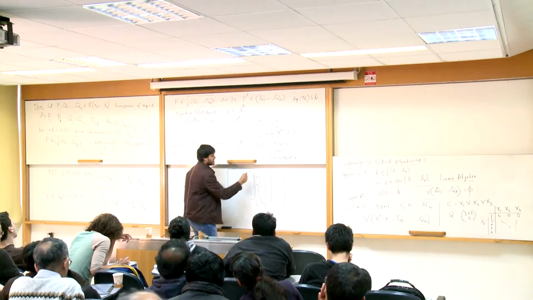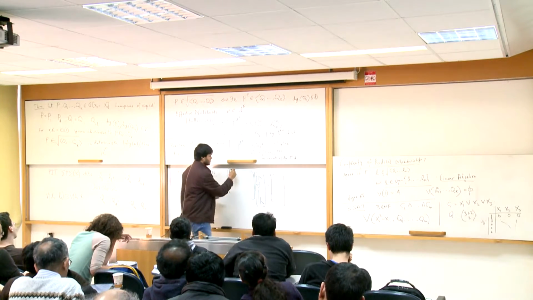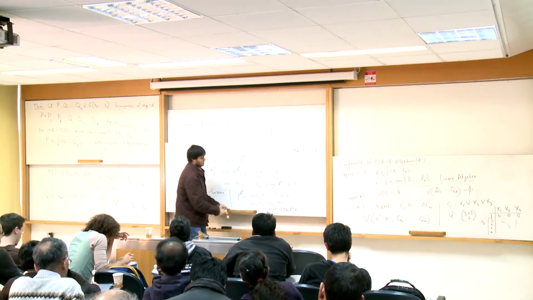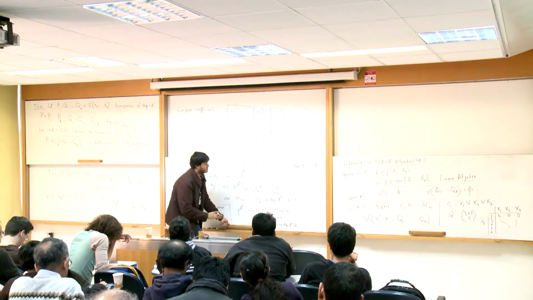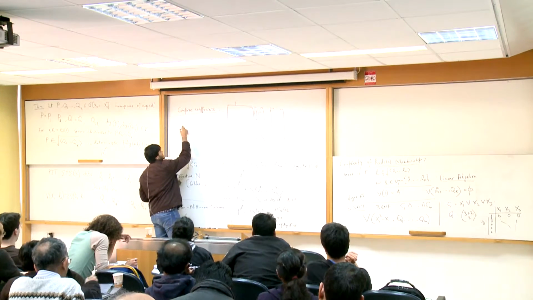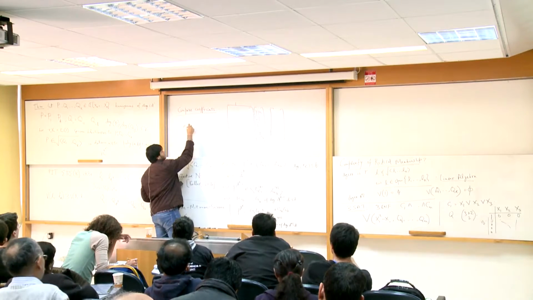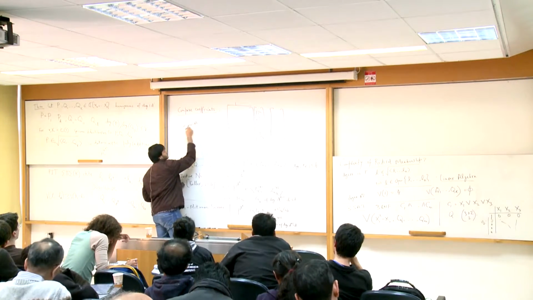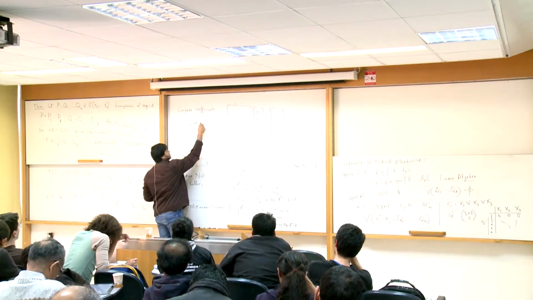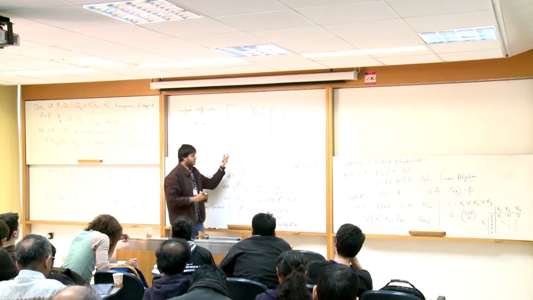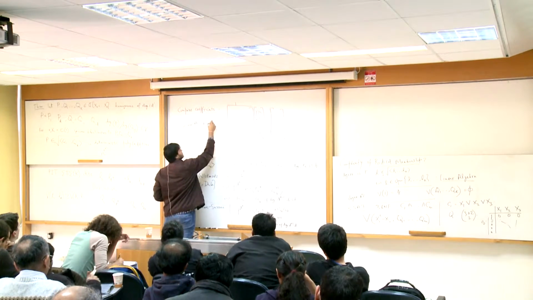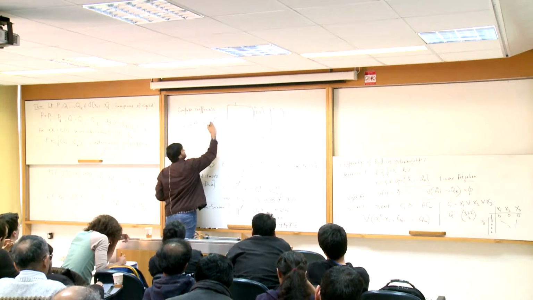So how many variables, how many alpha i's do we have? We have k gi's, so k times the number of monomials of degree d to the k plus 1.